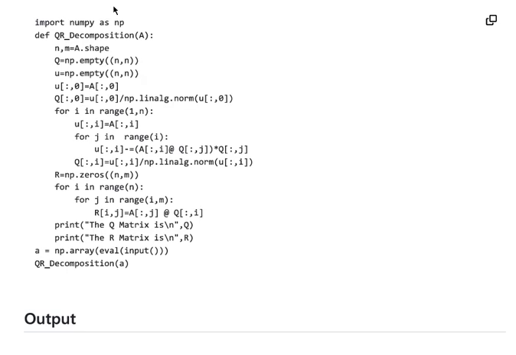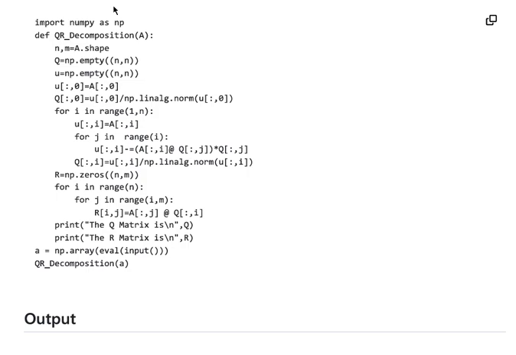And then we are actually looping over the remaining columns of A. We are starting with the column vector from A, removing the projection of this vector on all previous Q vectors. And here, A column is 2 comma I, a Q column is 2 comma J, is the dot product, multiply it by Q and subtract. And finally, we normalize the result to get a new Q column.